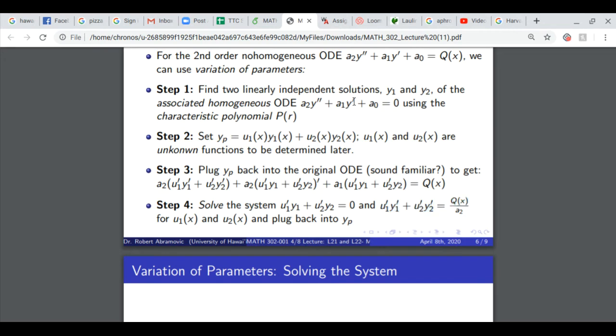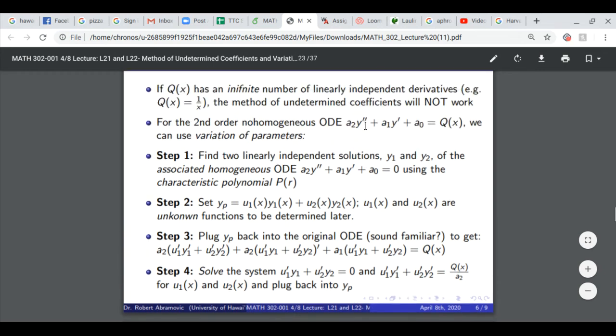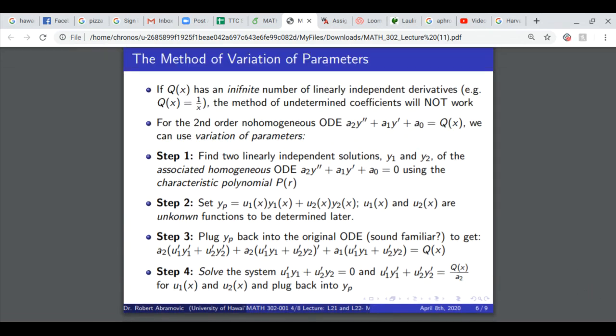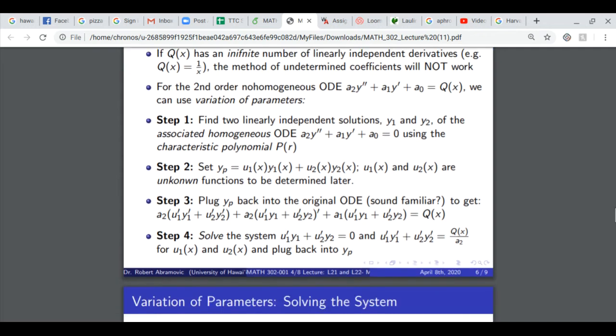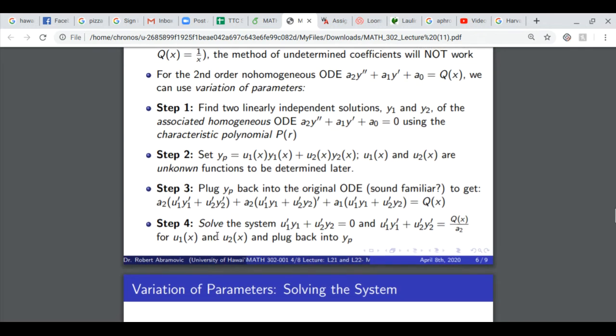Because this is a second order nonhomogeneous ODE. Because it's second order, the coefficient of y double prime has to be non-zero. We can always do this. For a second order ODE, we can always solve for u1 and u2. We'll see how that works in the next slide. And we can just plug these back into y p and get, voila, we have our particular solution.